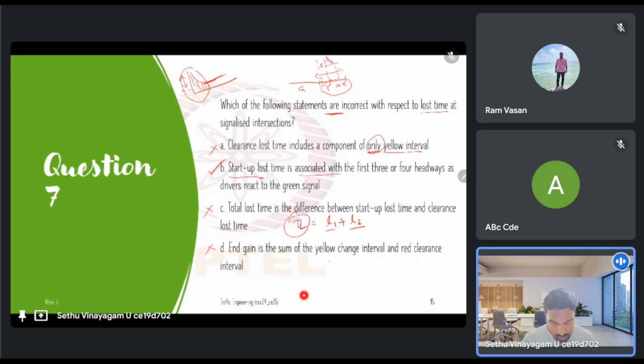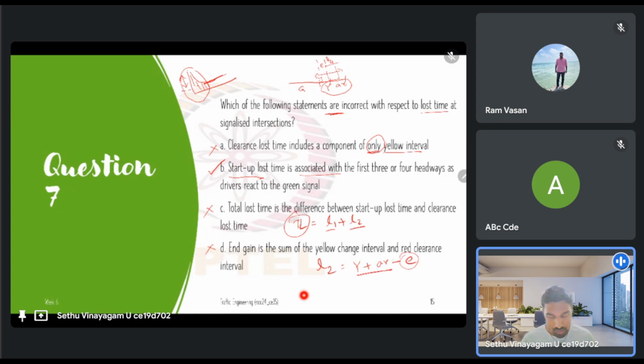Why? Because the clearance loss time is nothing but the yellow change interval plus the all red interval minus the end gain, right? This end gain is the portion which is used for crossing the intersection, which means that it is not a part of your loss time. That part is utilized. Therefore, that has to be removed from your yellow and the all red duration.